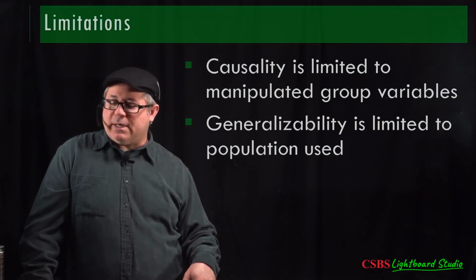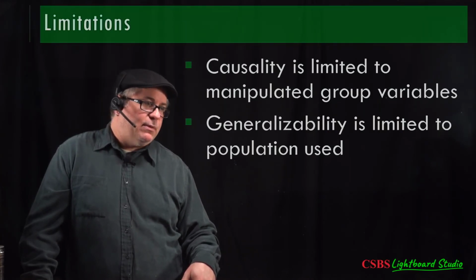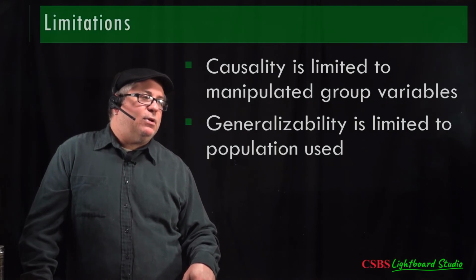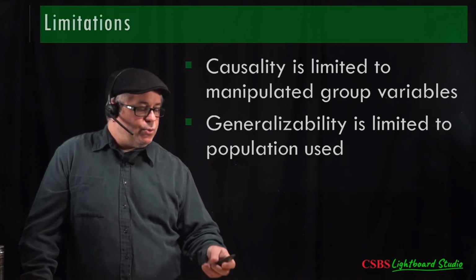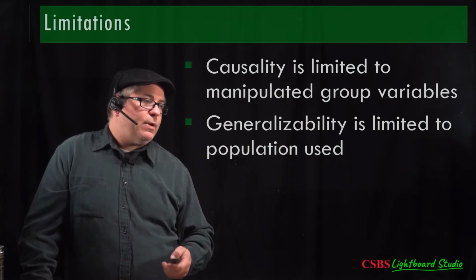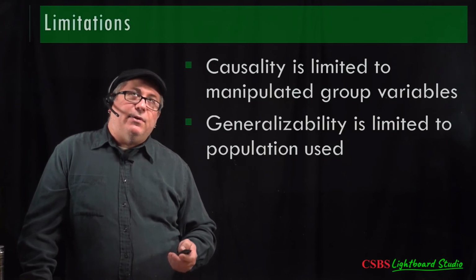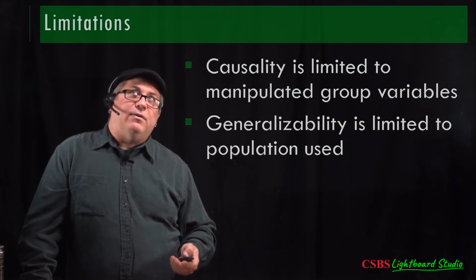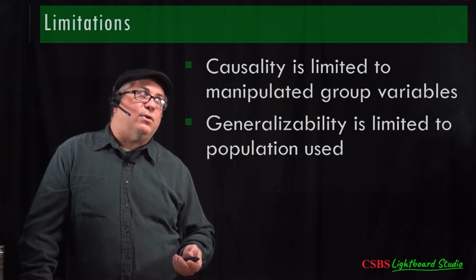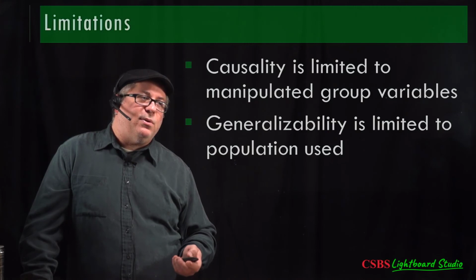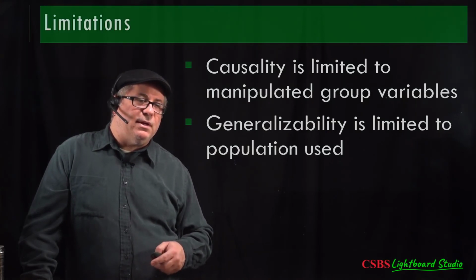Don't overgeneralize to populations that you didn't even include in your sample. So make sure that your generalizability is limited to the population you sampled from. Oftentimes, if you were to sit down and ask somebody what population of people they're trying to target with their study, they either won't know or they'll be grossly off of what they actually think they're doing.